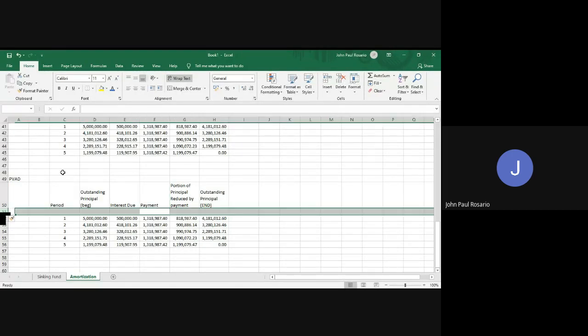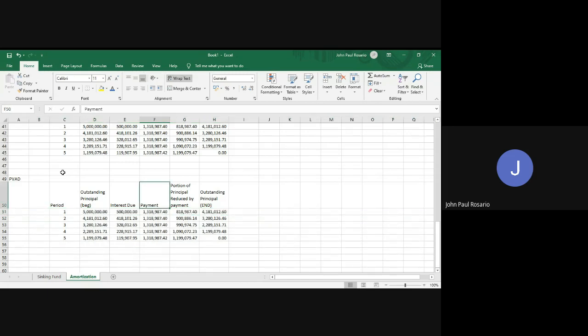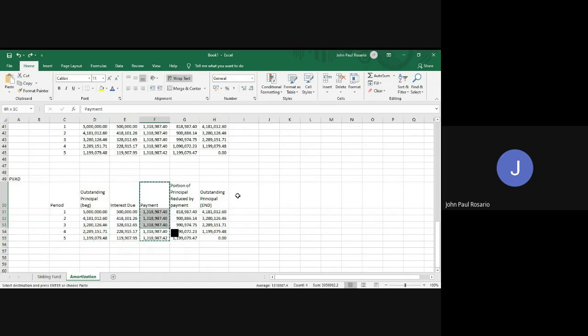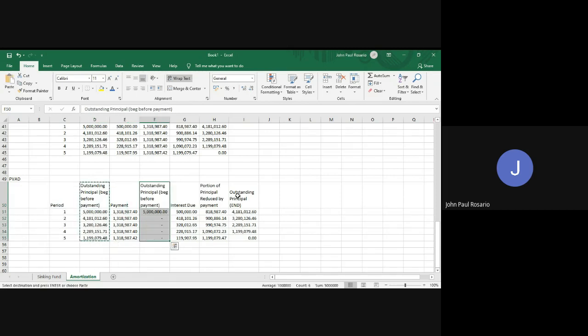So we transfer the payment here to the side. Payment, and then our outstanding principal beginning, control Z. Okay. Payment. This is our outstanding principal beginning before payment. Then we copy this. This is after payment.